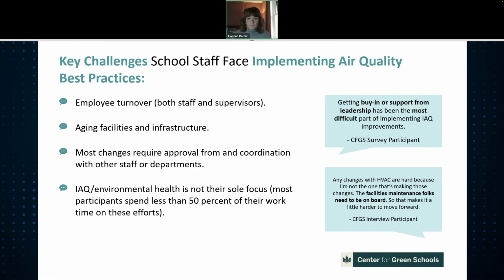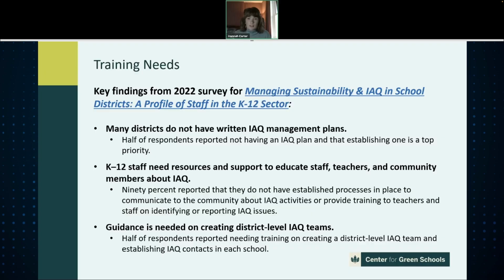Next slide. We also ask staff regularly about their needs for training and resources. Through a staff profile survey we conducted in 2022, we found that less than half of the school districts that we talked to had a written indoor air quality management plan. 90% of the staff did not indicate that they had established processes in place to communicate or train their staff around indoor air quality.